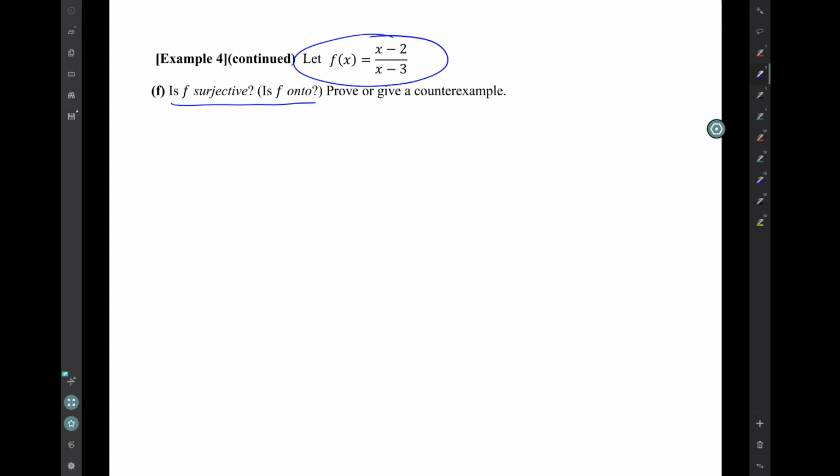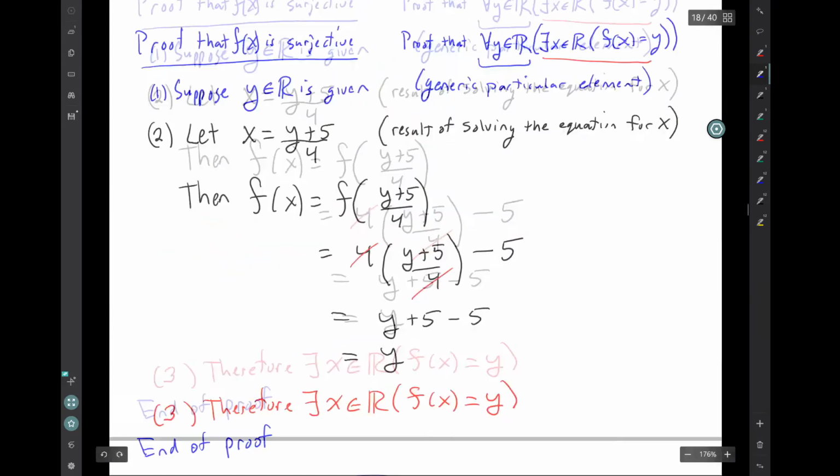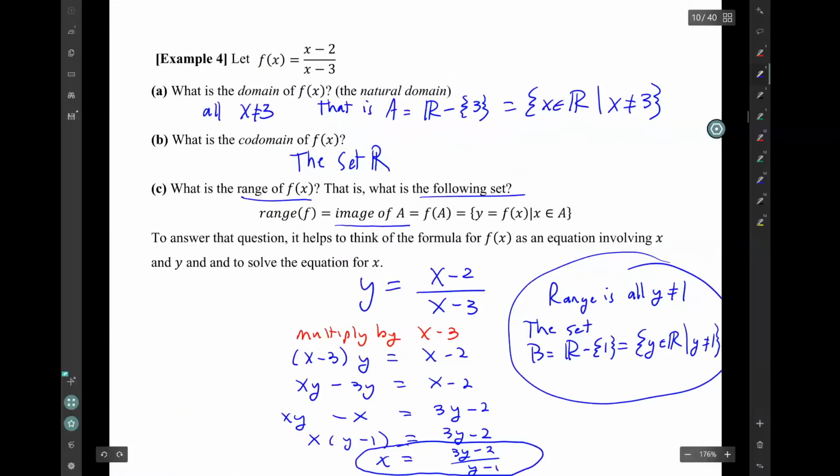Well, the key to that is we already talked about the codomain and the range of the function f of x earlier when we were discussing example 4 the first time. Let's go back and look at what we did before. So f of x was that function, and the domain was all x's except x equals 3.